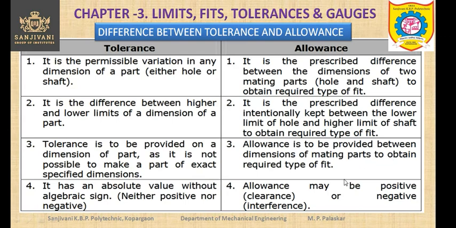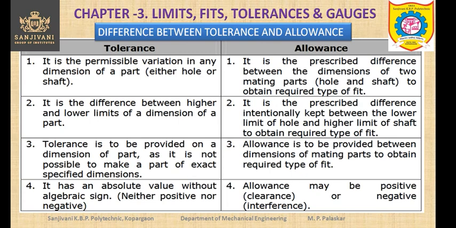So the purpose of providing the allowance is to obtain the particular required fit, but the purpose of tolerance is that it is not possible to manufacture the exact size.